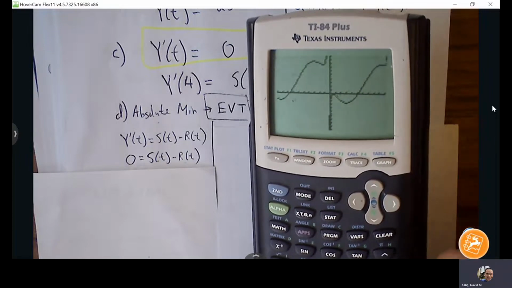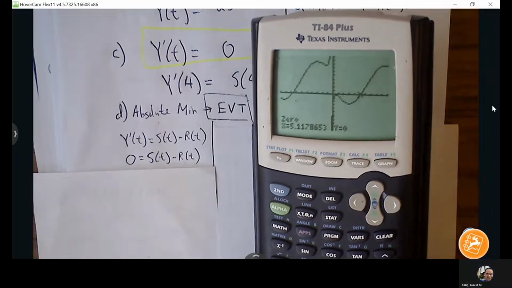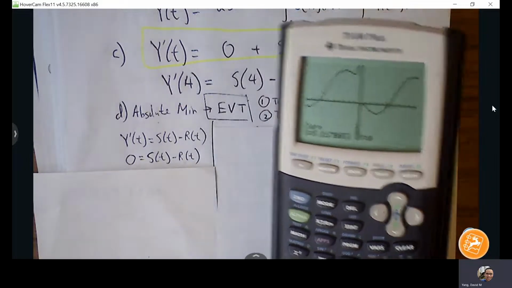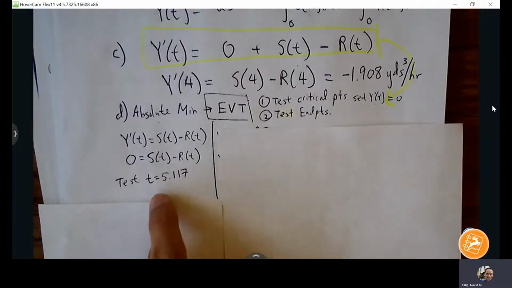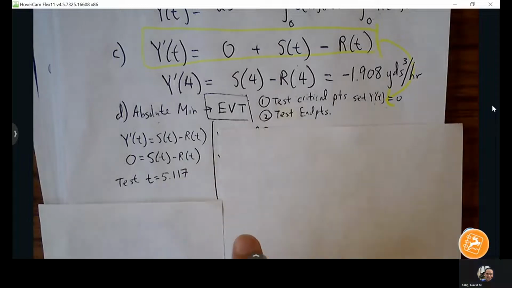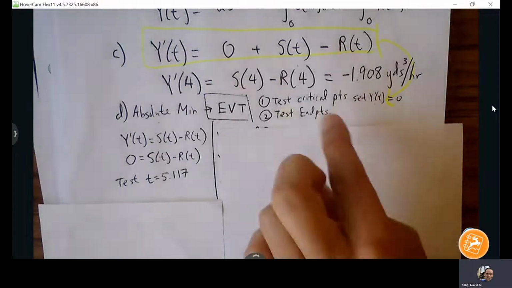Hit enter a third time, and we get 5.117. So we know that 5.117 hours in could be a potential time for the amount of sand on the beach to be at an absolute minimum.